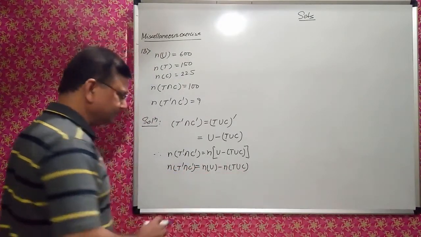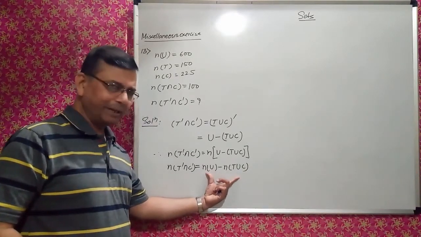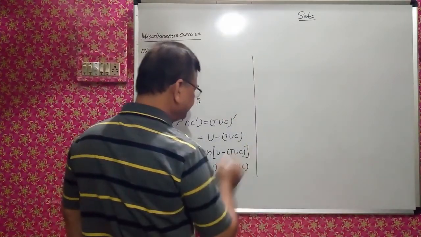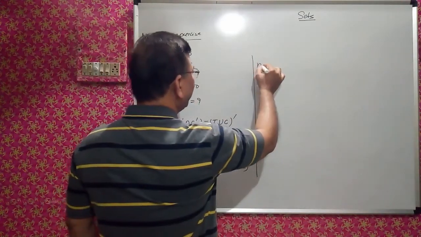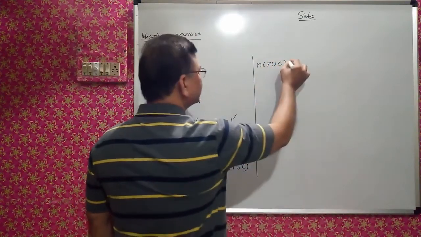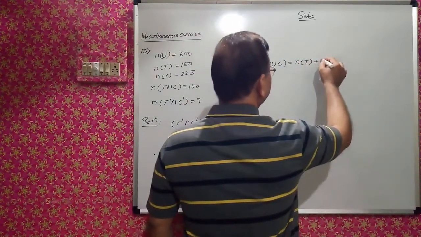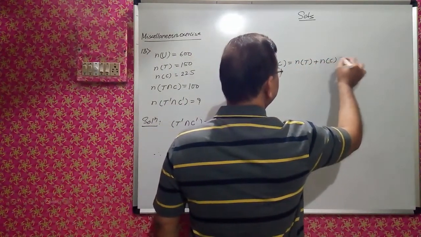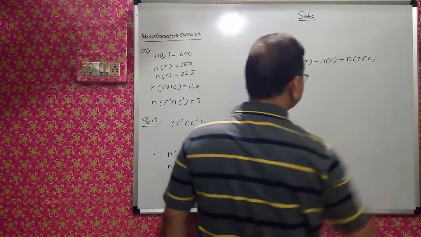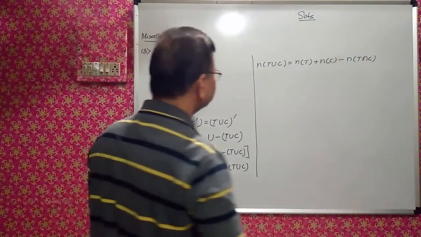So we want this, which means we have to evaluate this quantity. Now, one thing we know: N(T union C) is equal to N(T) plus N(C) minus N(T intersection C). This we have already discussed and derived.